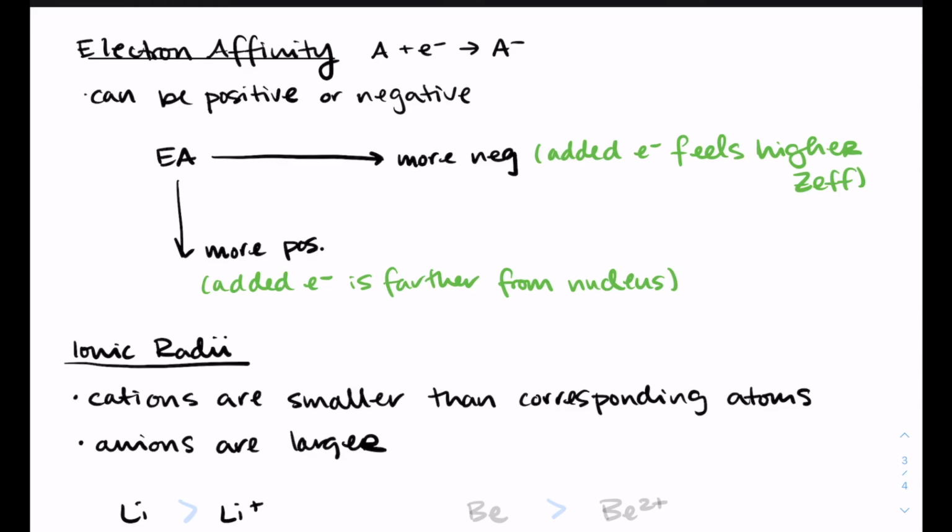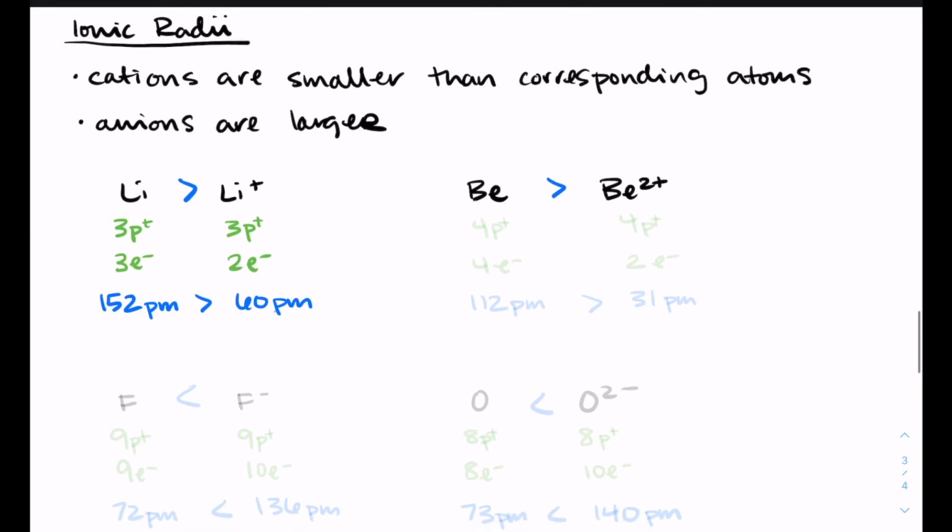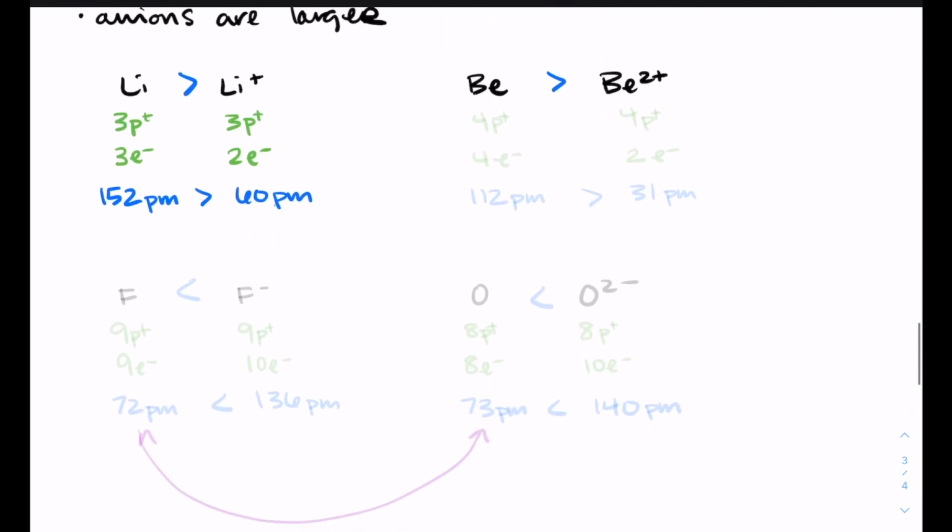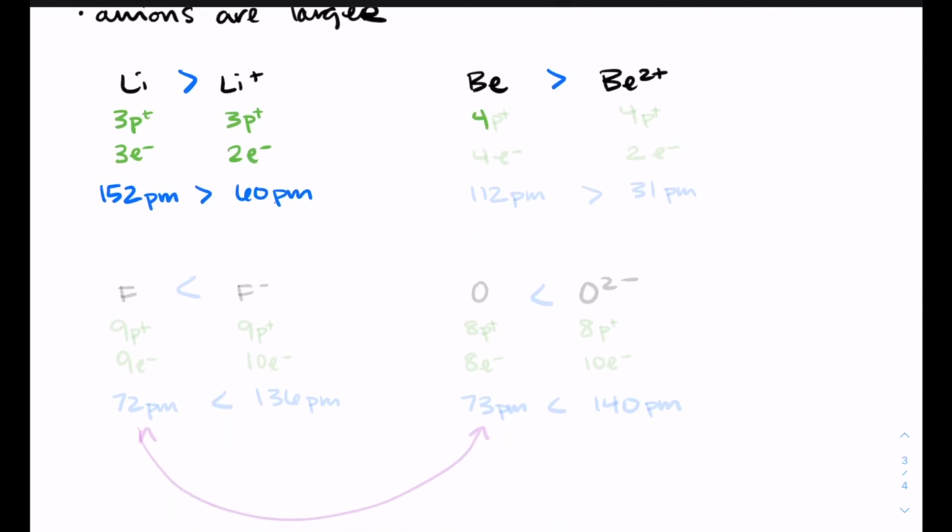So lithium versus lithium 1+. Lithium has 3 protons, 3 electrons. Lithium plus has 3 protons, 2 electrons. So imagine how strongly 2 electrons feel pulled toward a 3+ charge compared to 3 electrons pulled toward a 3+ charge.